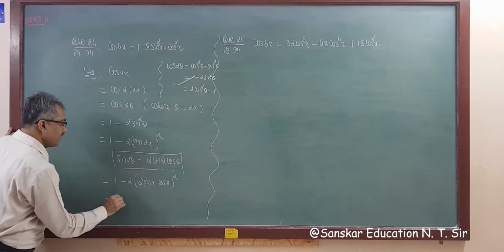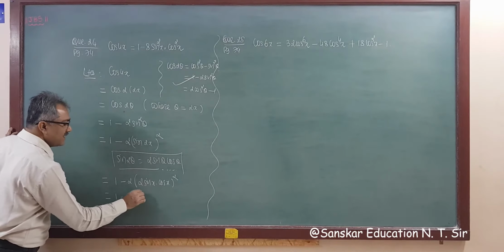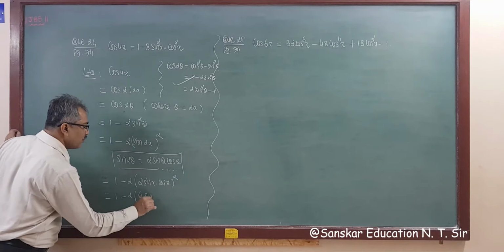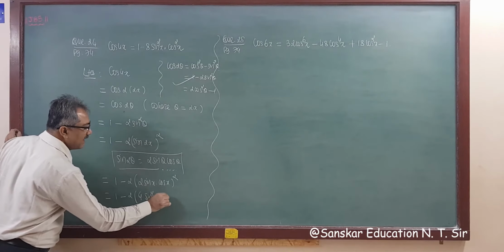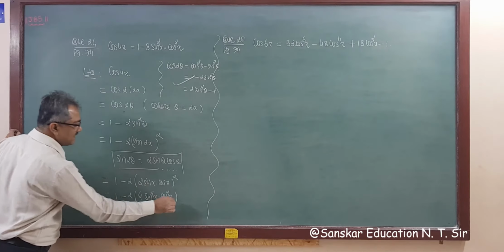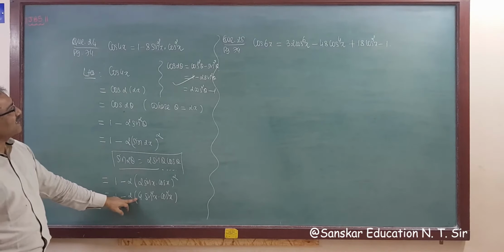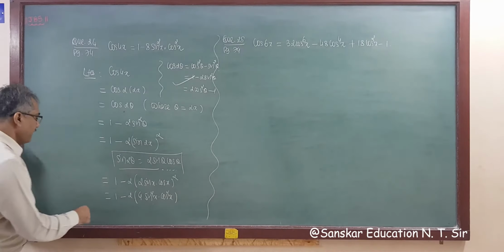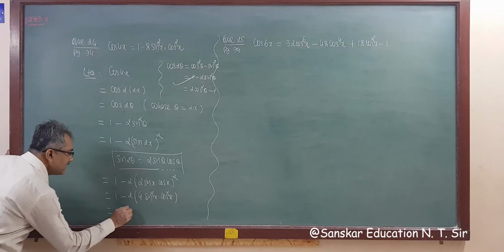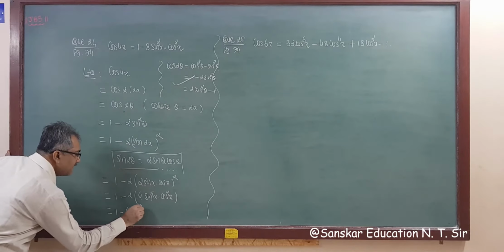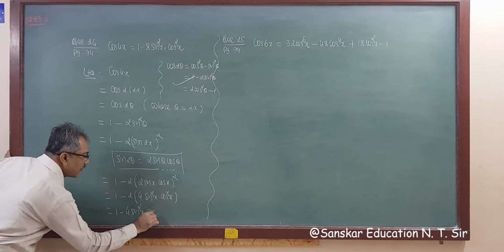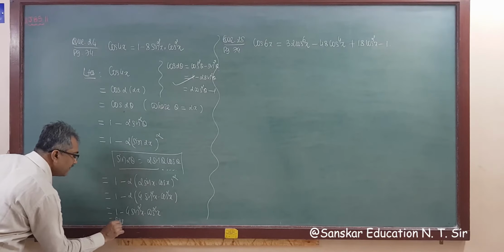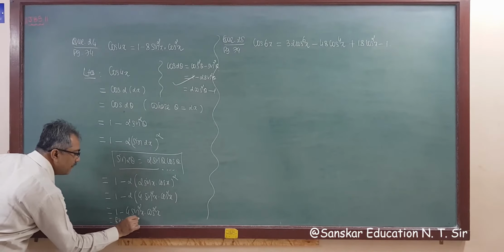So this is 1 minus 2, 2 square is 4, sin square x into cos square x. That is 1 minus 8 sin square x cos square x, which is the right hand side that we wanted to prove.